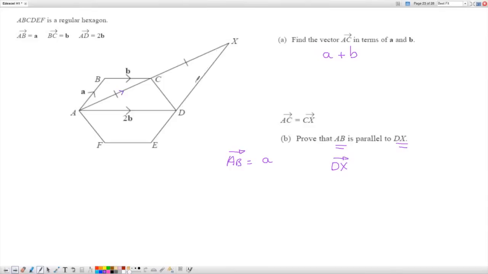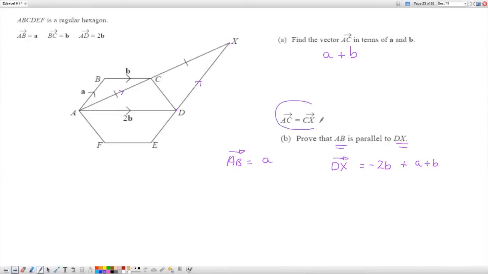DX is this vector from here, D to X. To get there, we're going to have to go backwards on our 2b, so we'll be subtracting 2b. Forwards on our AC, we just worked out AC, so plus a plus b.